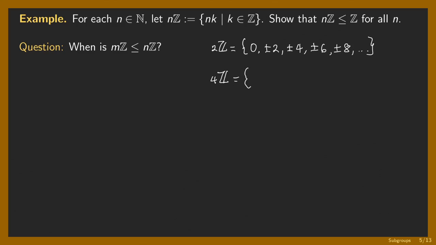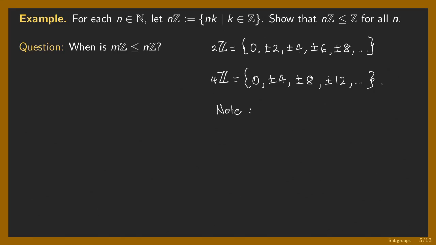The elements of 4Z are 0, plus minus 4, plus minus 8, plus minus 12, and so on. As you can see, these are all subgroups of Z. So basically, these examples are groups.